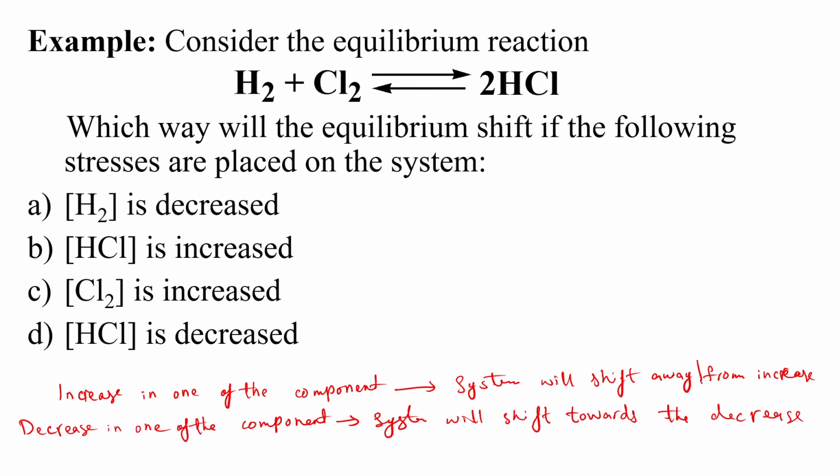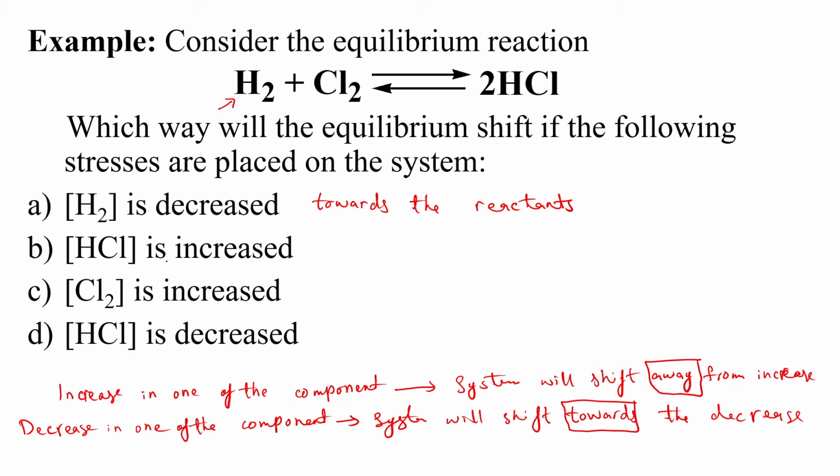Okay, so here are our key words that will help you identify which way the system will move. If hydrogen is decreased, so the decrease is here in the reactant, the system will shift towards the decrease, so the system will shift towards the reactants.